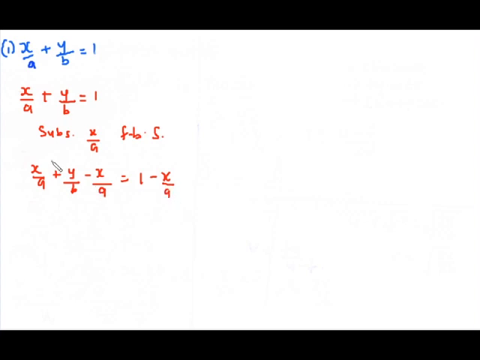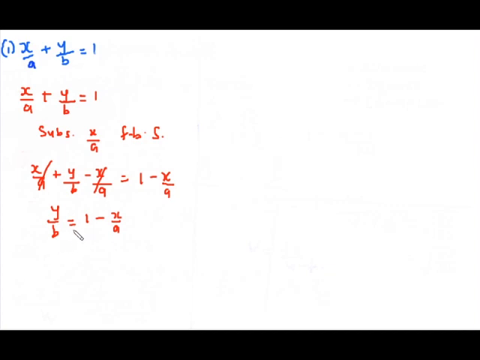So x over a cancels out x over a. y over b equals 1 minus x over a. So ultimately I have y over b equals 1 minus x over a.